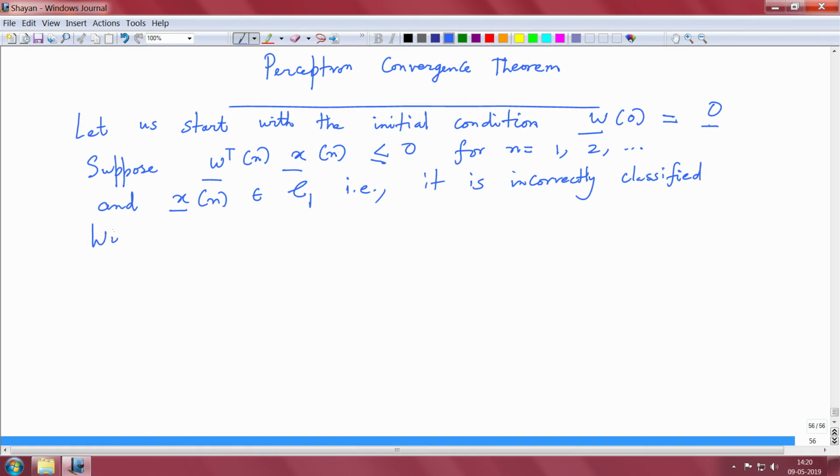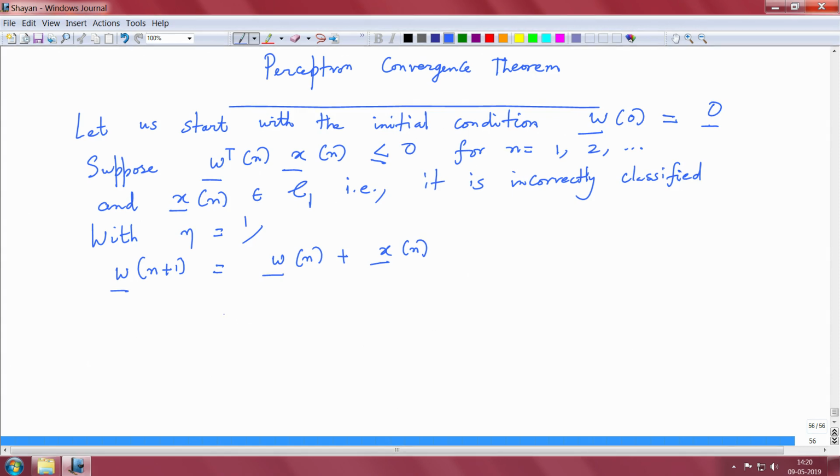So, with eta equal to 1, we follow our update. What should we do? The weight at time n plus 1 is the weight at time n plus the data point at time n. I am considering this particular case when x_n belongs to class C1, but you can also consider the other case when x_n belongs to C2 and then proceed with the weight update.